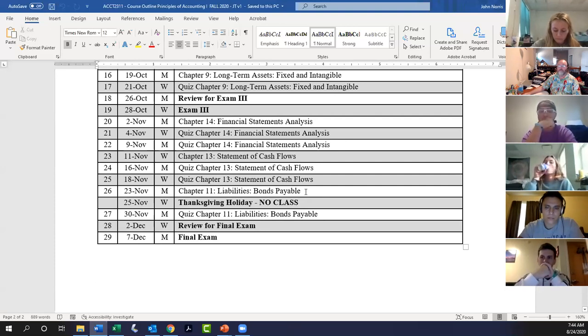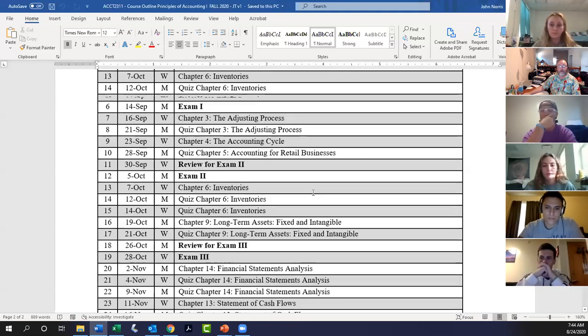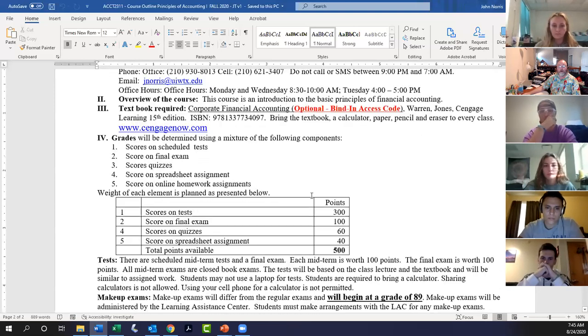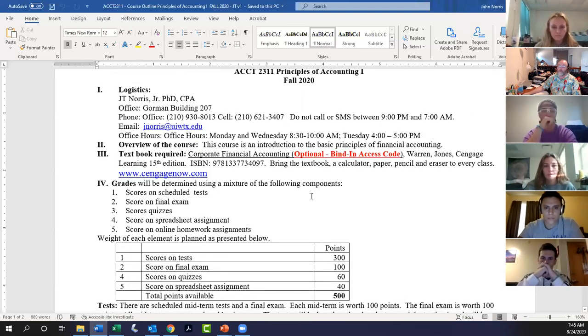So I highly recommend getting an accounting book, by this Warren character. But whether or not it's brand new out of the bookstore and has the access code or not, that's optional.